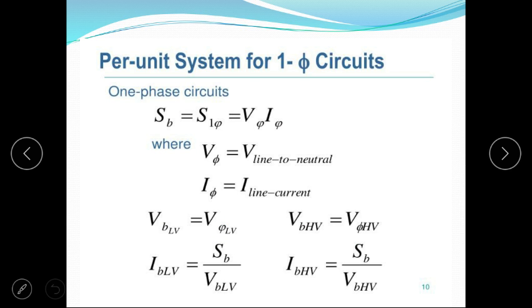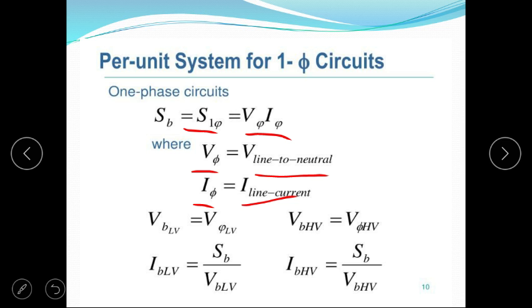Now next we calculate the per unit system for a single phase circuit. We calculate base values and per unit values for a single phase circuit. For a single phase circuit, we consider that S base is equal to S single phase, that is V single phase into I phase, where V base is equal to V line to neutral phase voltage and I base is equal to line current.